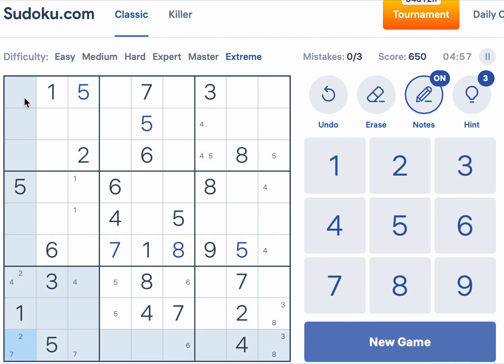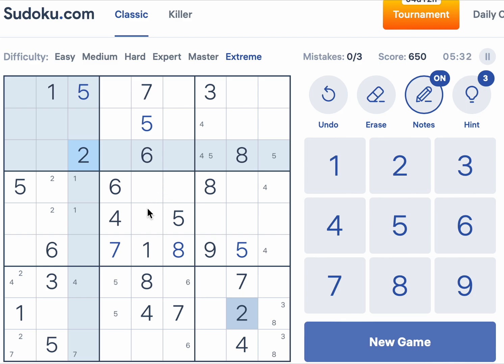As a result, there's no 2 in this column anymore, so one of these 2 cells in this block should be 2, because in this column and this column we already have 2s. Okay, for these 3 rows, let's look at the 3 rows. For 2s, we have these 2 positions in these 2 rows, and the 2s must be in these 3 positions, 3 cells.